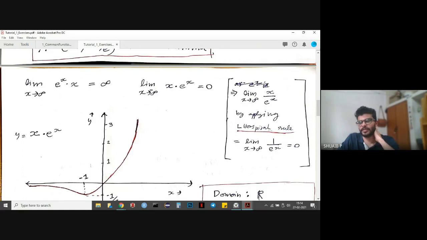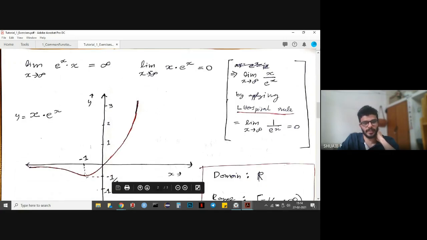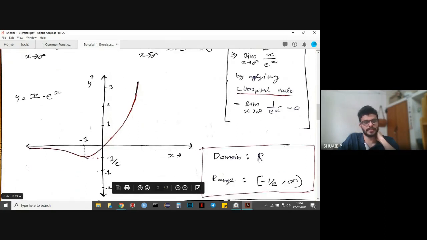So applying the L'Hospital rule, we can get the derivative on numerator and denominator. It will be 1 by e raised to x. Then if we apply the limit here, it will be 1 by infinity and it's 0. So we can see the function will be approaching 0 along the negative x-axis.